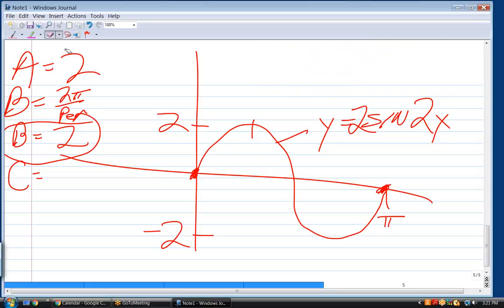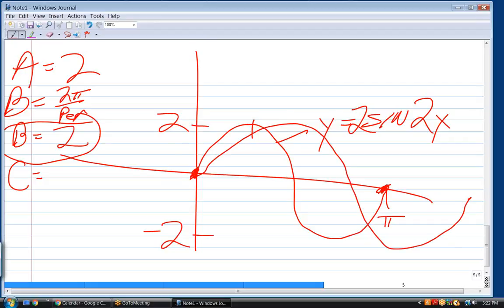Now, the question is, is this curve phase shifted from just sine of x? No, it is not. They both begin at the same place, at 0.